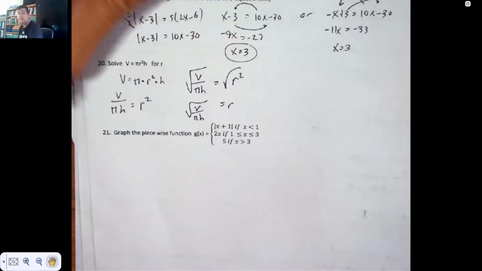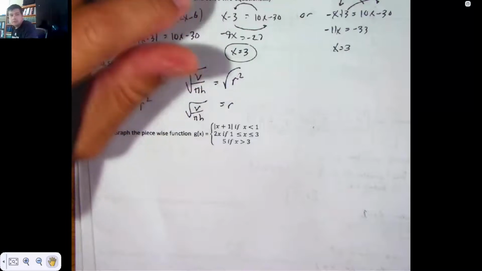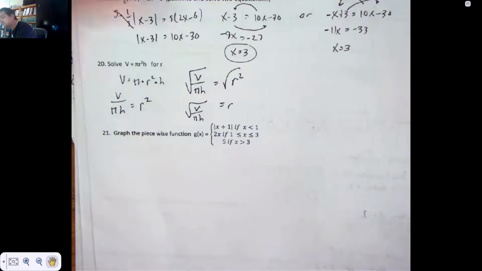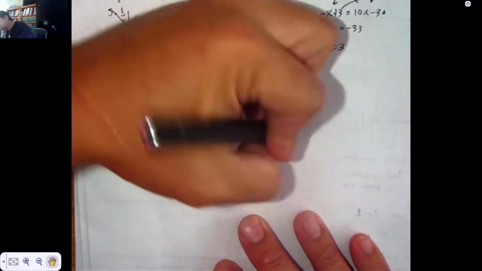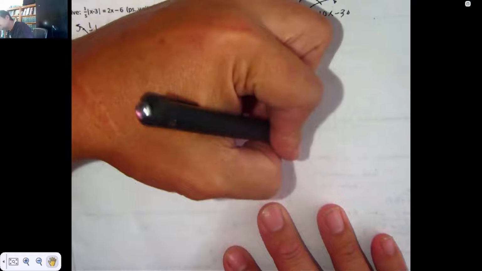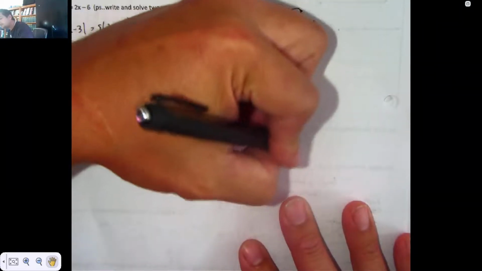Interesting. And 21, your favorite question of all, graph a piecewise function. So we have the absolute value of x plus 1 if x is less than 1. Now, I'm going to start talking about this one. This is a V whose vertex is at -1, 0.